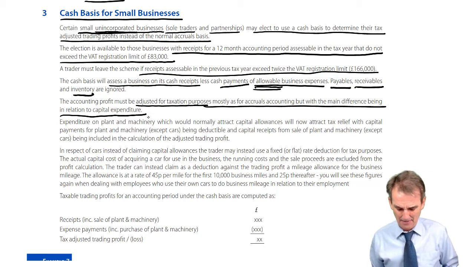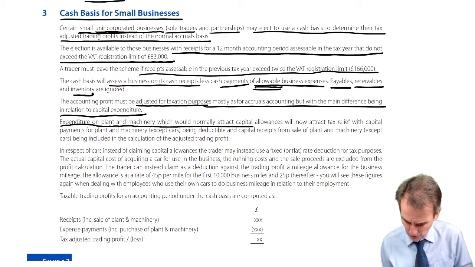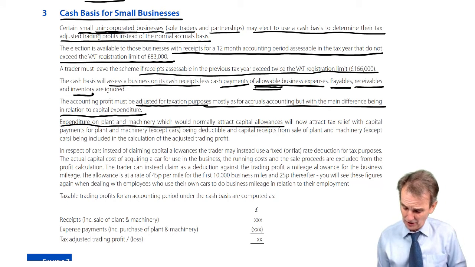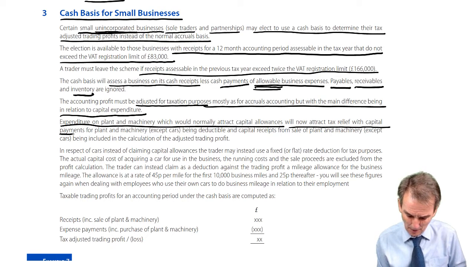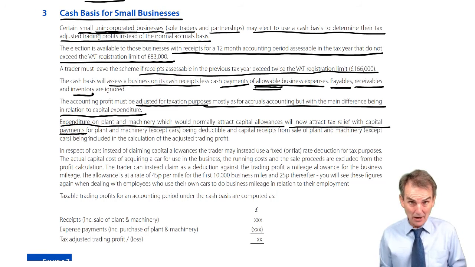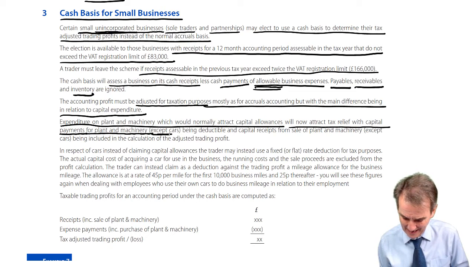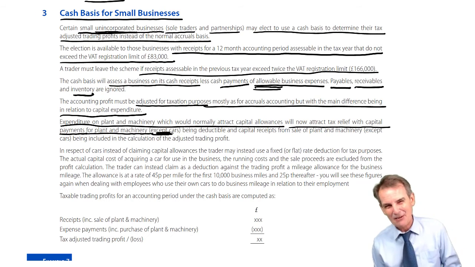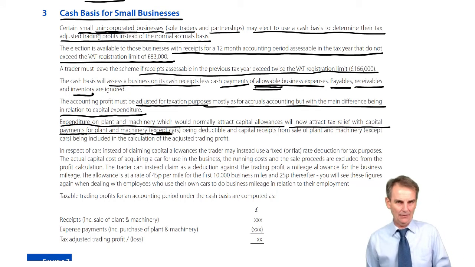But what happens here? Expenditure on plant and machinery, which would normally attract capital allowances, as we said, will now attract tax relief with capital payments. Again, we go to a payments basis for plant and machinery, except cars. Isn't it always the way? When we looked at capital allowances, which asset gave us the most trouble and probably the most involvement in terms of an exam question?